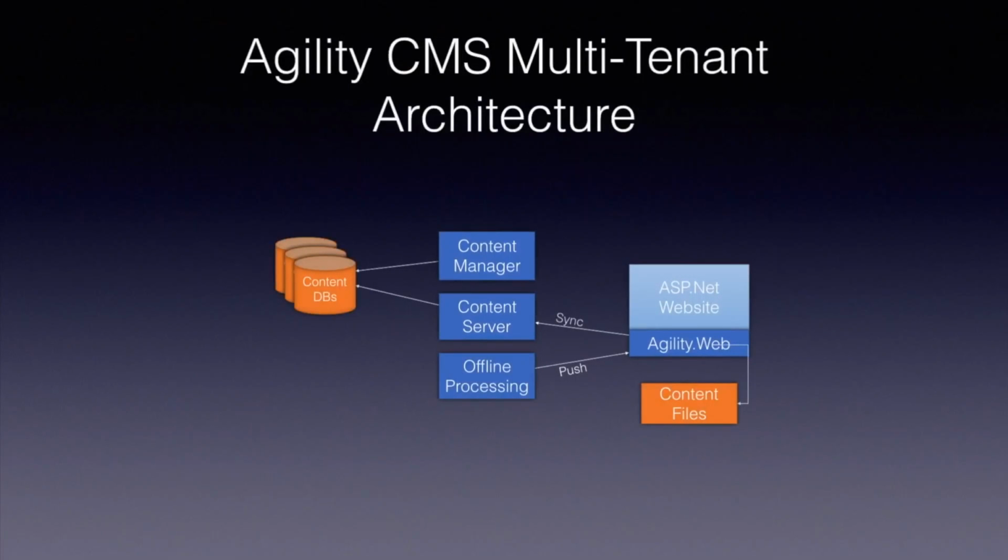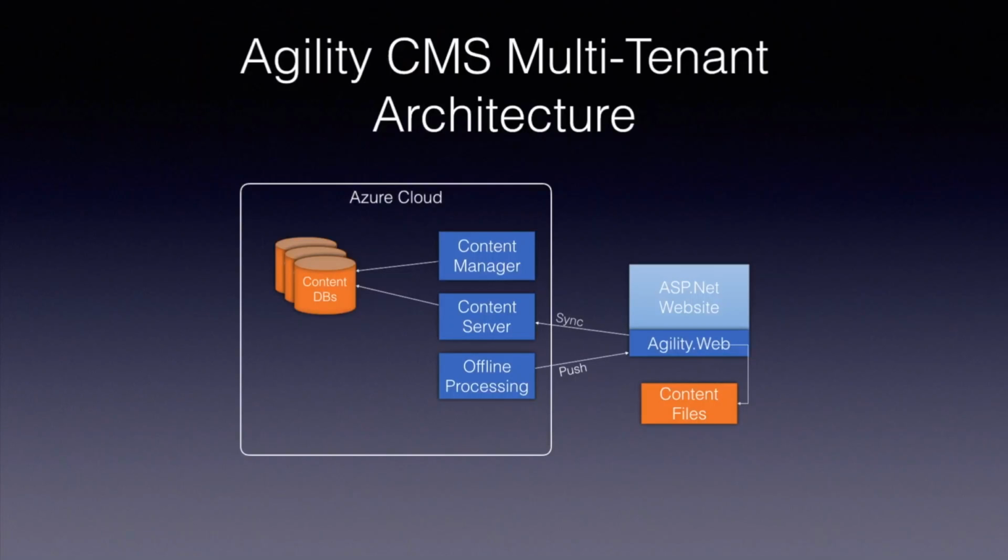Now, Agility is also multi-tenanted, so everyone gets the latest version all the time with no downtime. There are no updates, no upgrades that you have to worry about. It's all just handled for you. And your data in those content DBs lives in its own separate repository in the cloud. And your synchronized content is stored on your website servers as content files.